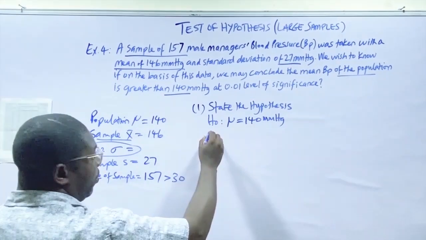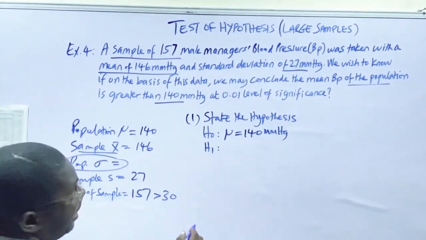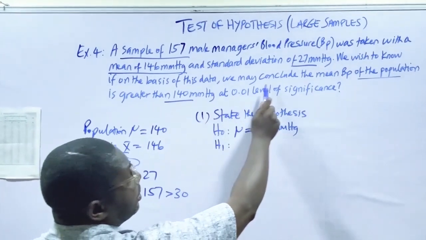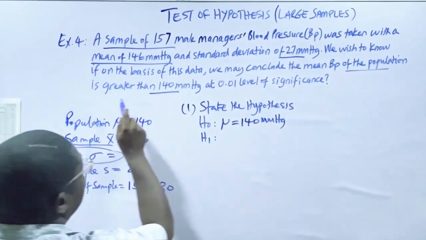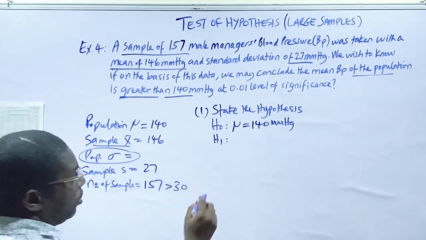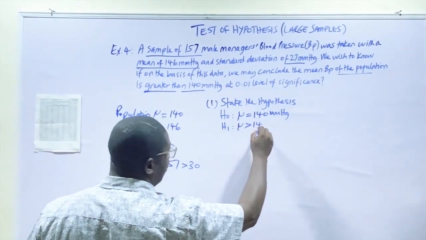Then we contest this with the alternative hypothesis, by saying, may we conclude that the mean of the population is greater than 140.